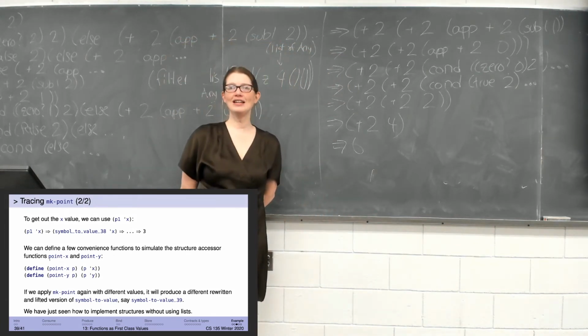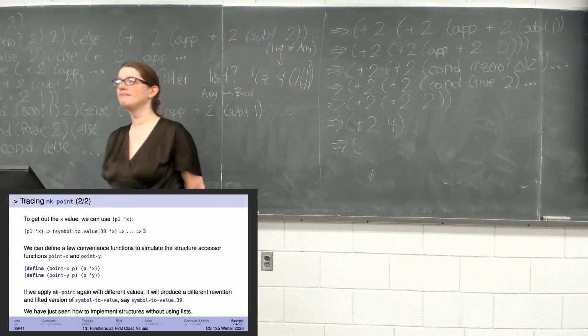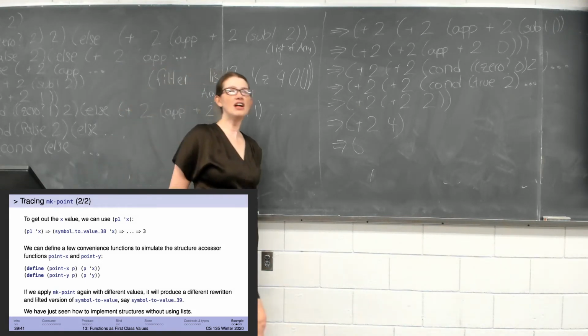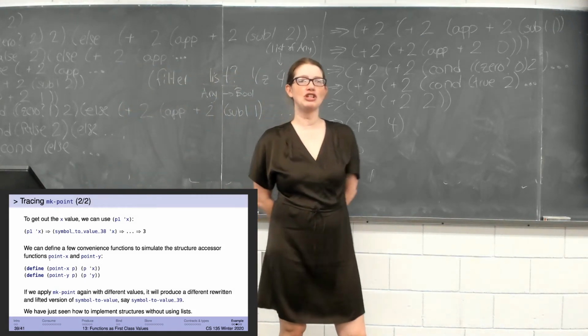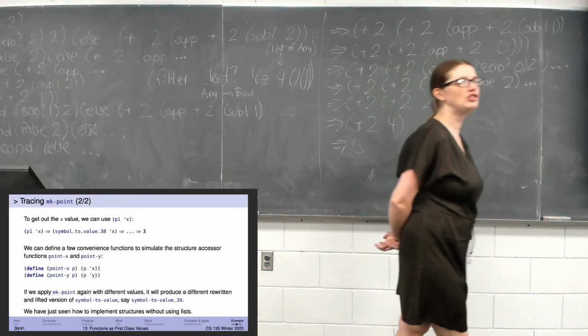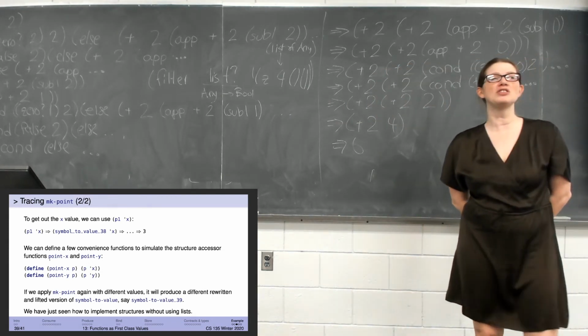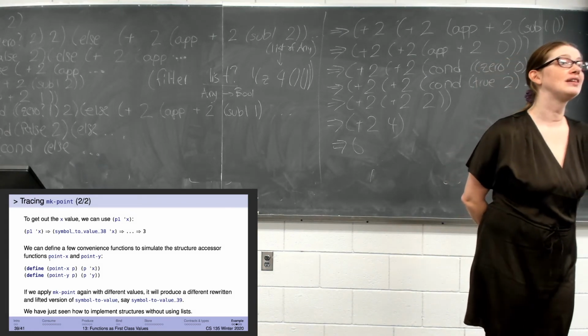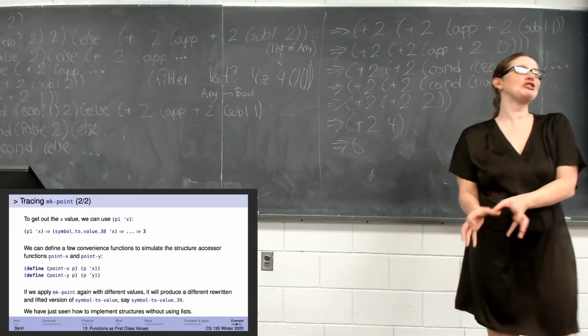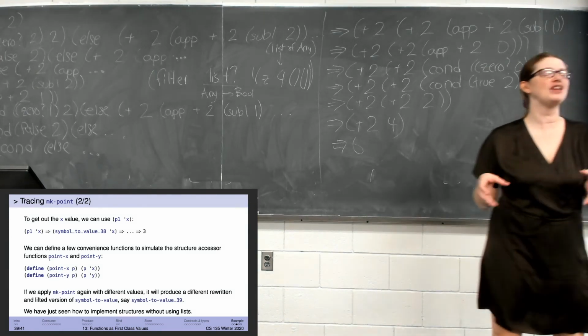So make-point produced a function with the fields embedded in that function. The values of the fields are embedded in that function. And then when I call that function and pass it the symbol that corresponds to the field, it gives me the field value. Now, of course, you don't want your users to have to know what the symbols are for each of the fields. That's silly.